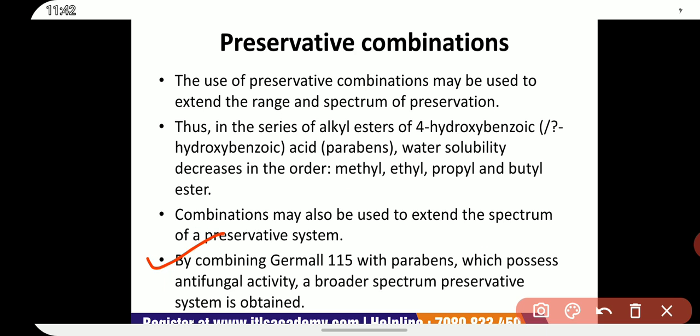By combining Germall 115 with parabens, which possess antifungal activity, we know that Germall 115 has antibacterial activity and the parabens have antifungal activity.